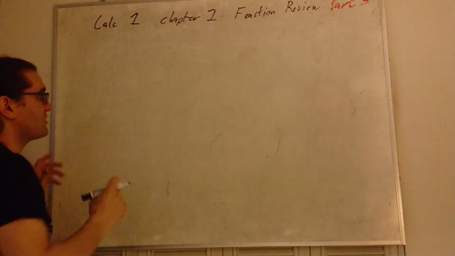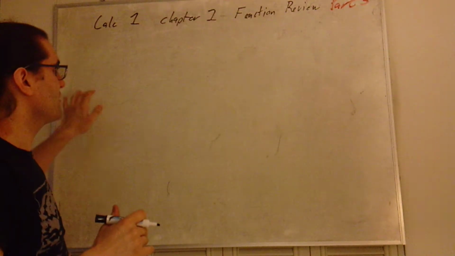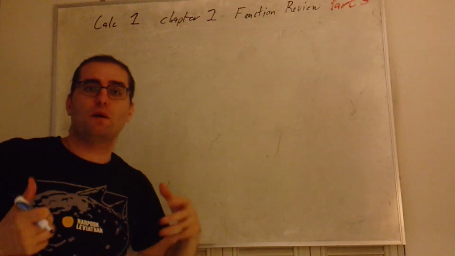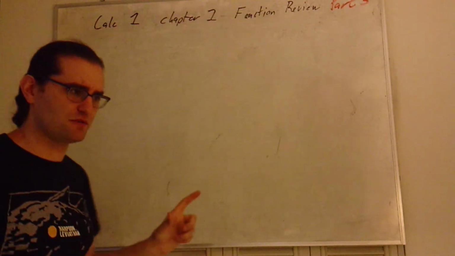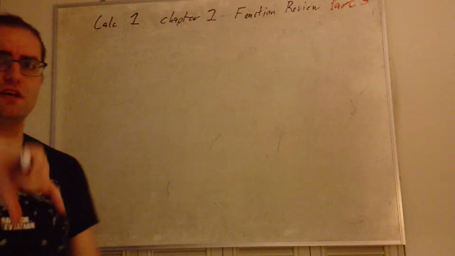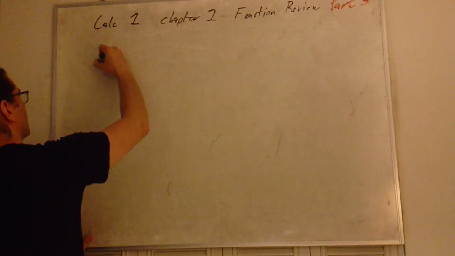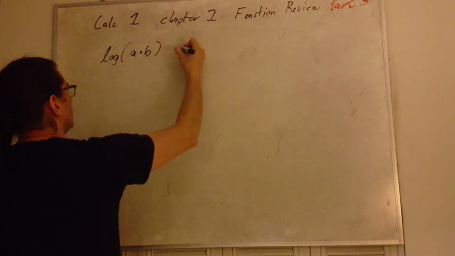Properties of logs, there are 3 of them. They look almost exactly like what I just wrote for the properties of exponents, but with the pieces sort of transposed, like half transposed. Like they're going backwards and in the opposite place. So let's talk about what that looks like. The log of a times b.